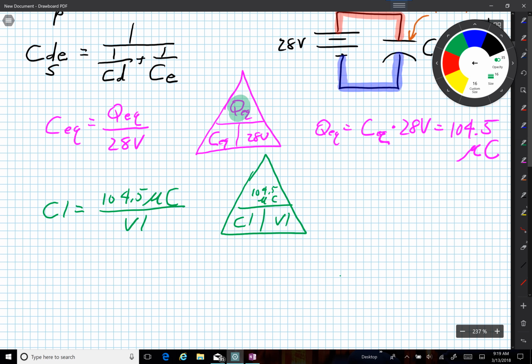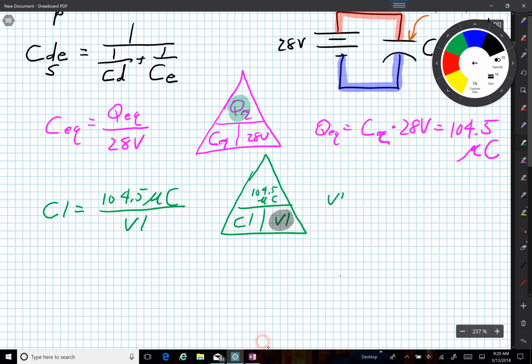I cover over what I don't know. What I don't know is V1. I don't know the voltage across the capacitor. I know C1 and I know the charge. So this equation triangle shows me that to calculate V1, I have to take these two numbers, which are over under, and divide. And I divide exactly in the way it shows.